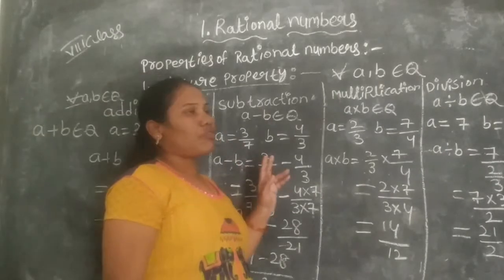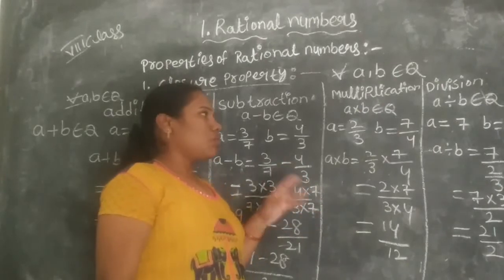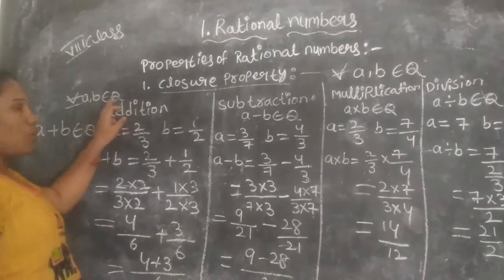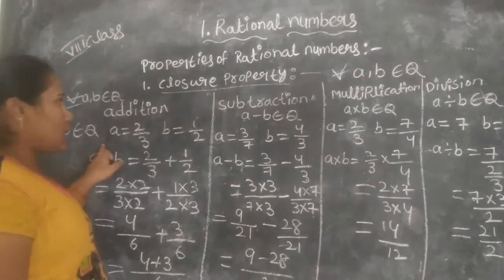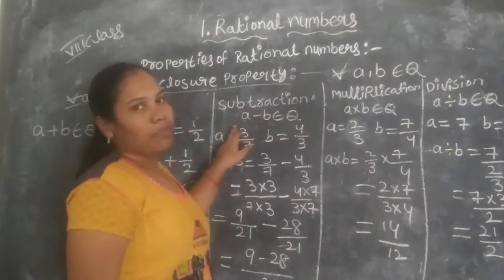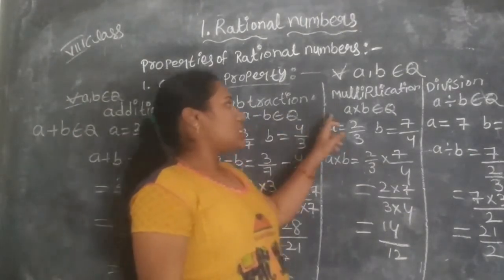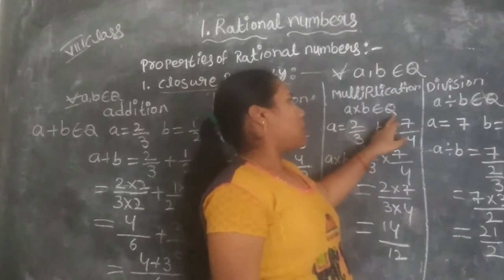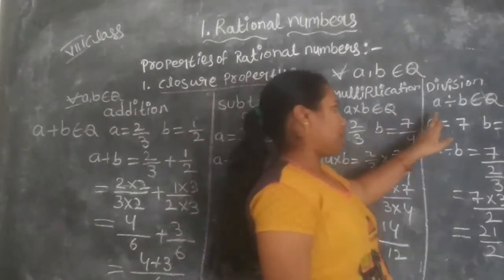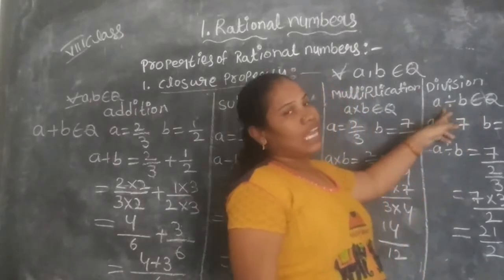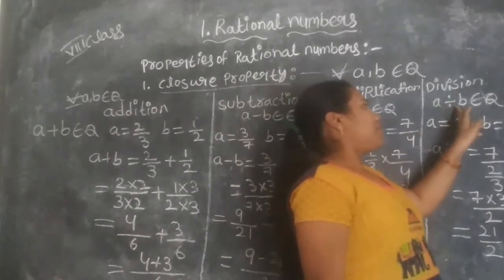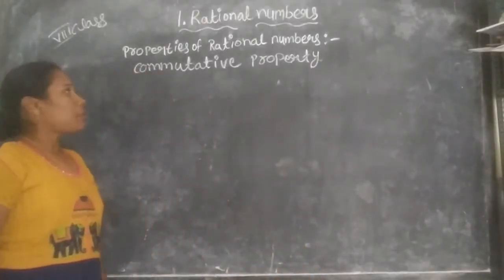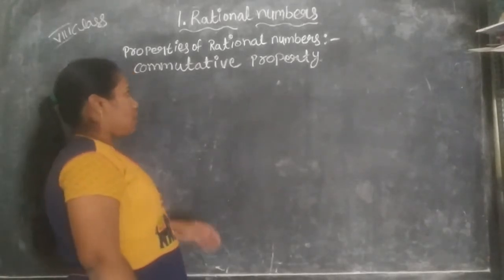The formula is for all a, b belongs to Q. Under addition, a plus b belongs to Q. Under subtraction, a minus b belongs to Q. Under multiplication, a into b belongs to Q. Under division, a divided by b belongs to Q. Okay.